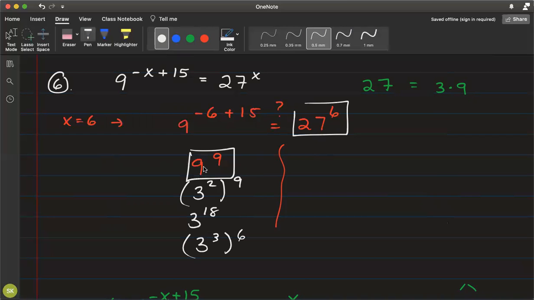And I noticed that 9 is the same thing as 3 squared. And so then I could just multiply these two together and I get 3 to the 18th. And then from there, I know 18 is the same thing as 3 times 6. And the reason I broke it into 3 times 6 is because I know 3 cubed is 27. And I was able to get what I wanted.